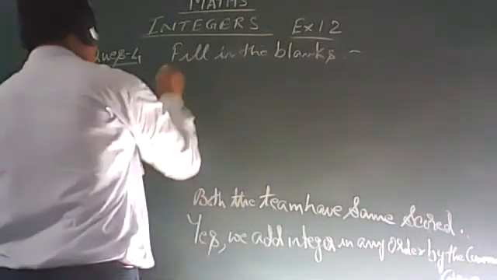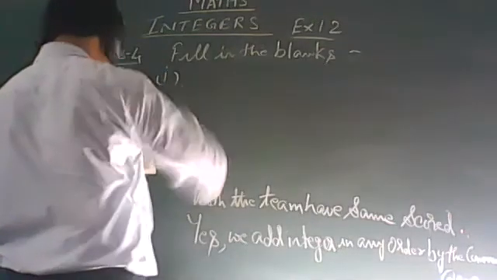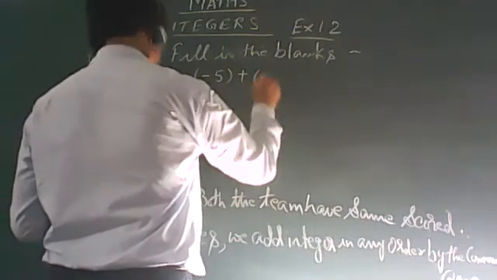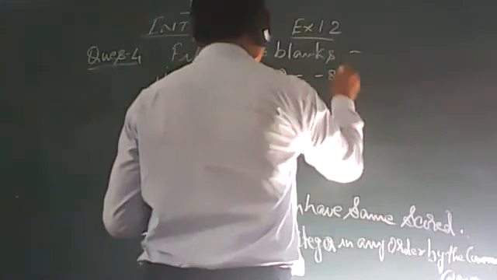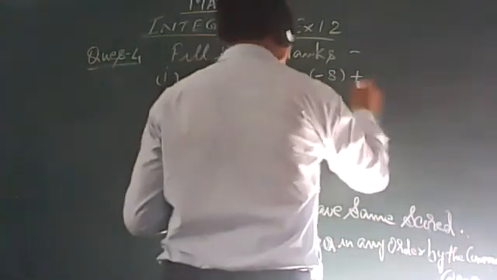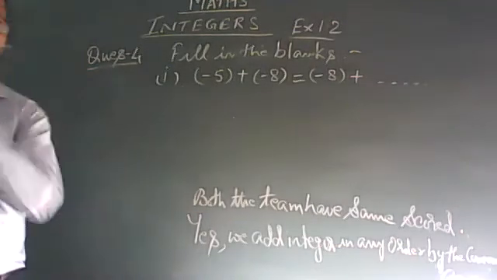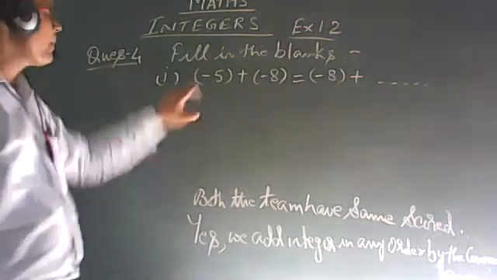Our first question, first part of this question: -5 plus -8 equals -8 plus, and here it is a blank. Now look here.